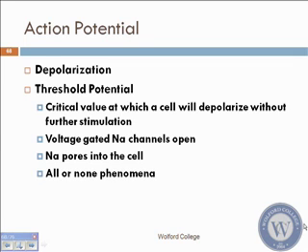The fast-acting sodium channels, when they open now, will allow sodium to come from outside the cell into the cell very rapidly, causing the voltage to go from minus 85 to above 0. Okay? It's an all or none phenomenon.